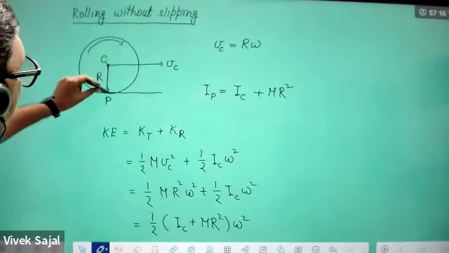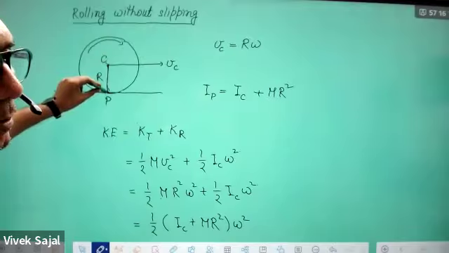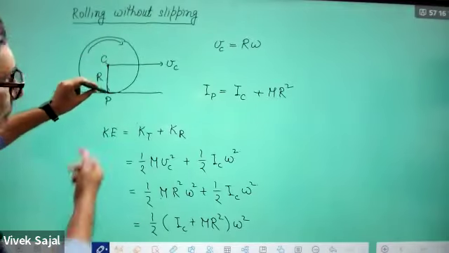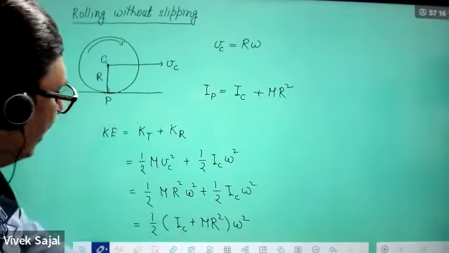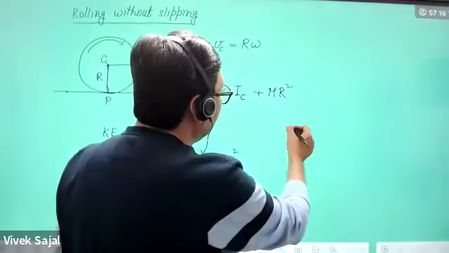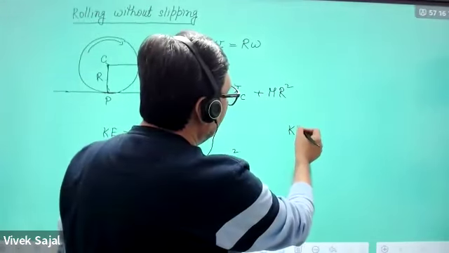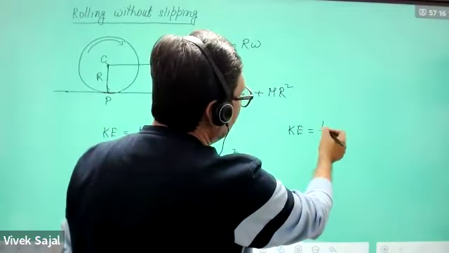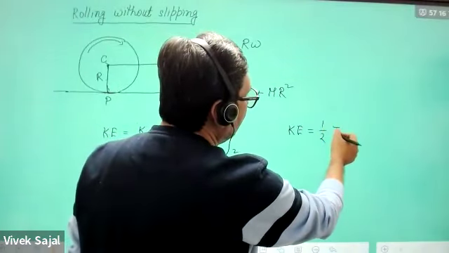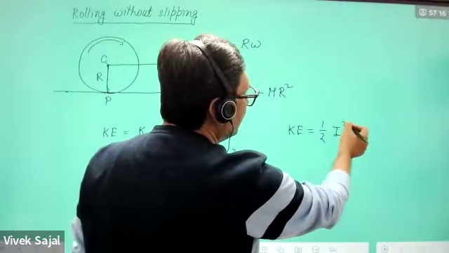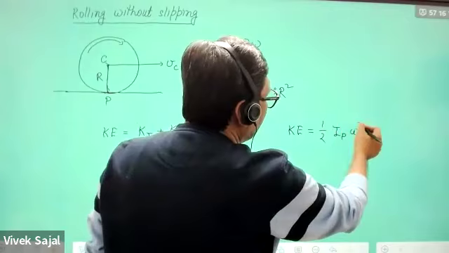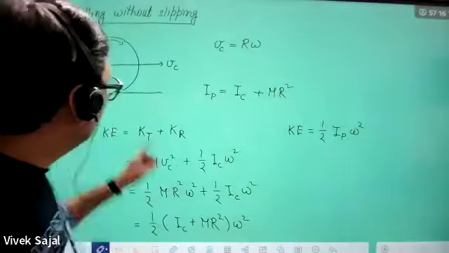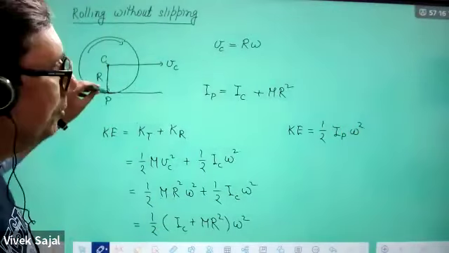Now this IP is the moment of inertia about the axis that is perpendicular to the board but passing through the point P. So this will be IP. So kinetic energy is equal to 1 by 2 IP omega square, where IP is the moment of inertia of this rigid body about an axis passing through point P and perpendicular to the board.